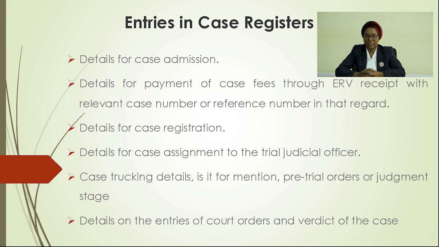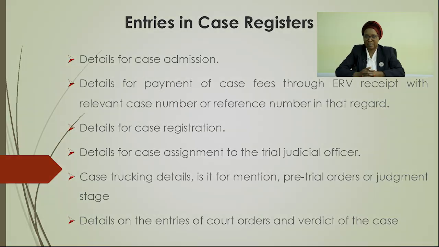Also, details on the entries of court orders and verdict of the case. You should be aware that if parties intend to appeal, entries should be made to that effect as to when the file is called by the appellate court or revision court and when it is brought back. All these entries should be performed in the registers.